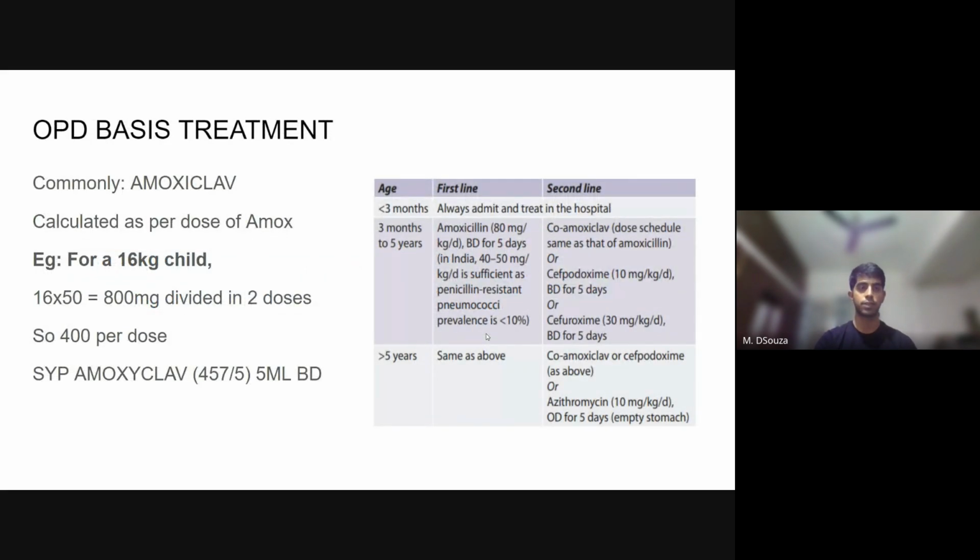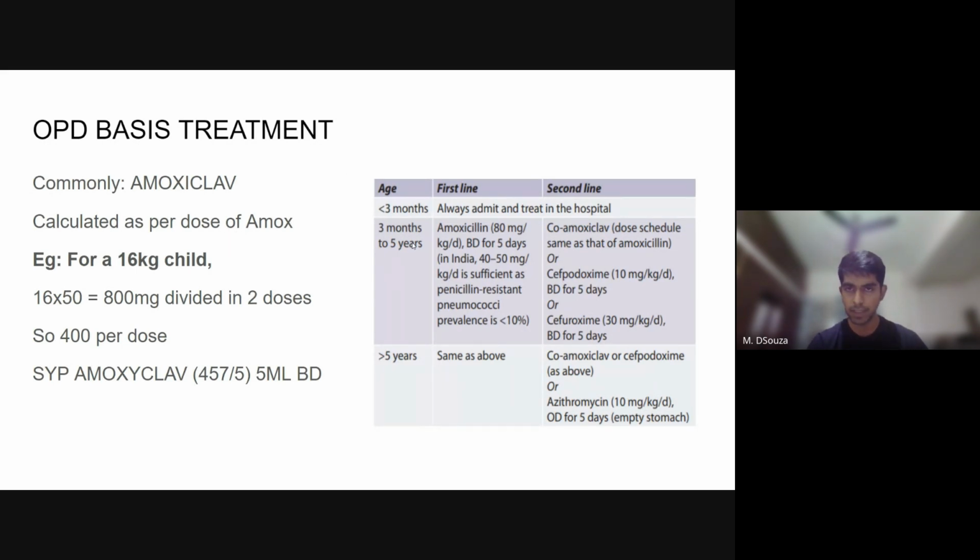So to enlist how you would go about treating the child on an OPD basis, the commonly used antibiotic would be amoxiclav, though you could also go for just normal amoxicillin. The reason I've given amoxiclav here is to show you how we would calculate the dose. Even in amoxiclav and amoxicillin, you would calculate the dose based on amoxicillin requirements.